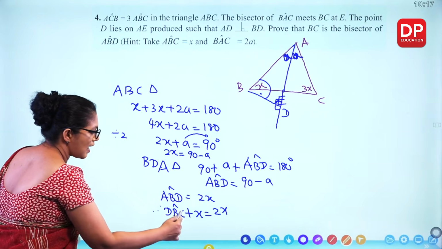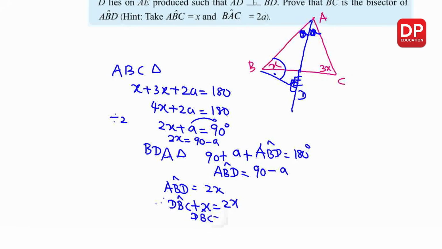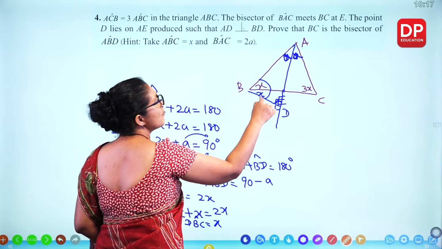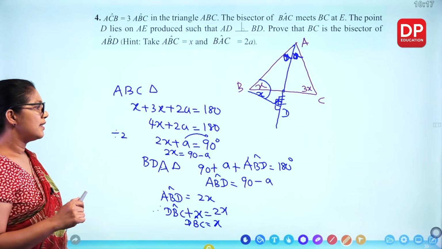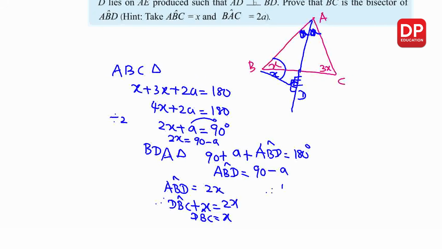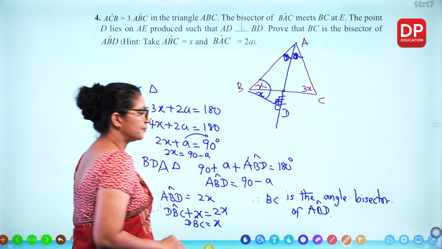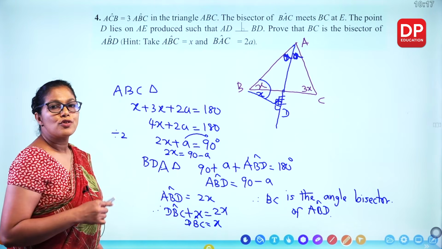When I take X to the other side, I get angle DBC is 2X minus X, which becomes X. So both angles are equal. That means I can say BC is the angle bisector of angle ABD. So that's what you need to prove.